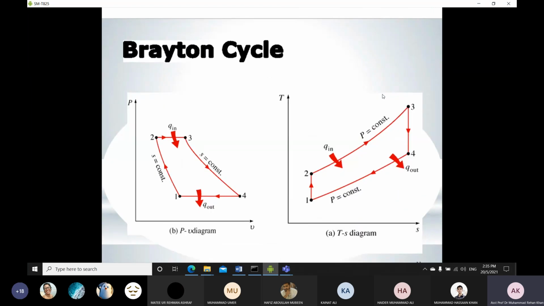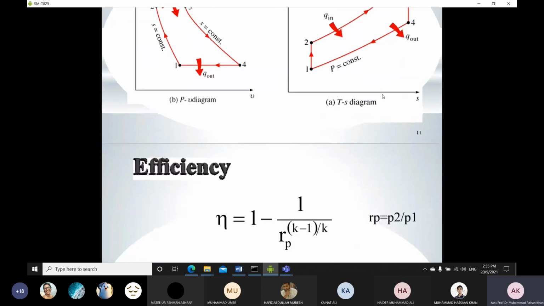These are the clear PV and TS diagrams. For your reference, you have to go through it by yourself, so you will get some idea of it.